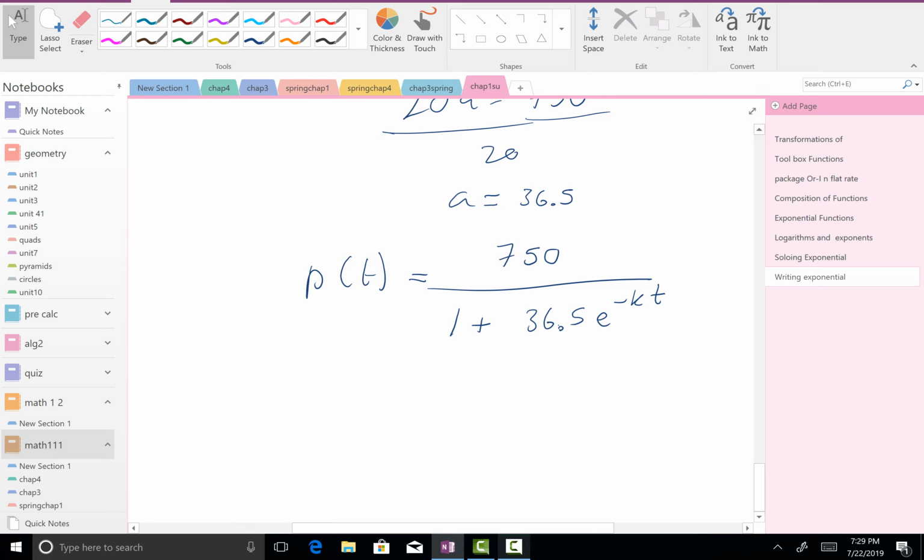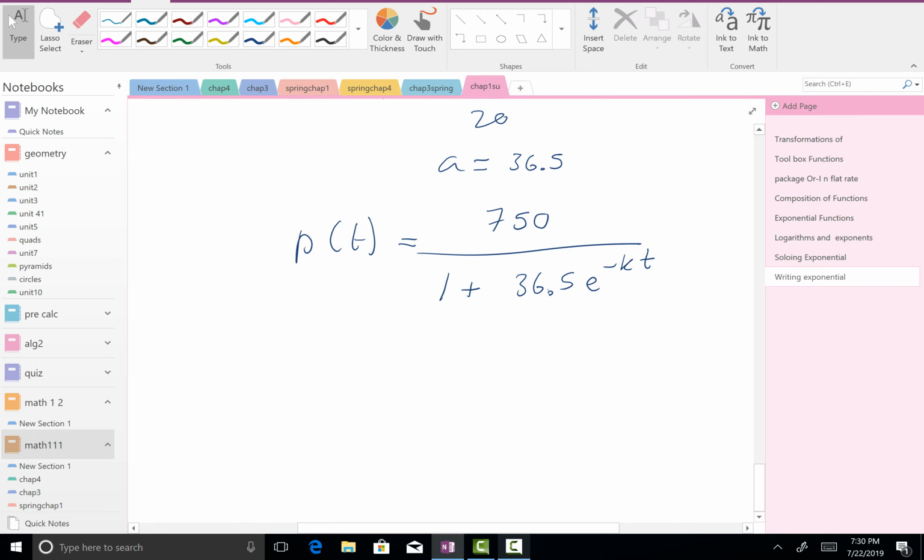I'm doing the exact same thing we've been doing, just substituting a value in to find K. It gets a little more complicated every time we do it. Notice here again, I'm just going to do some cross multiplying.